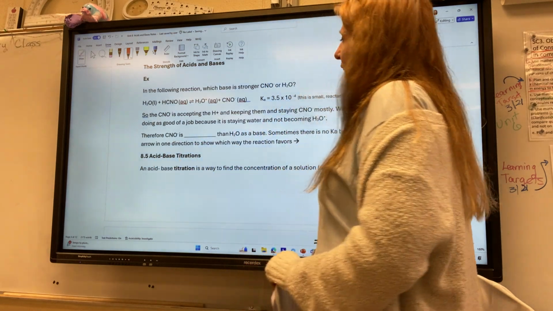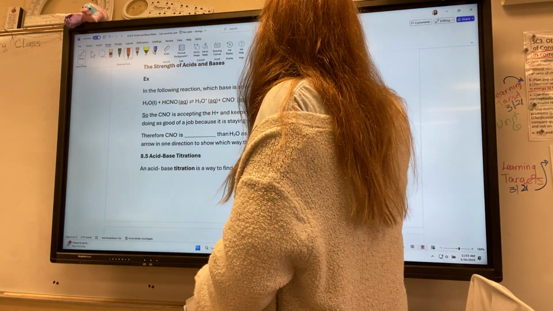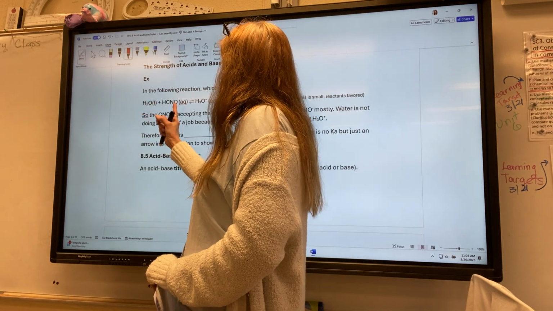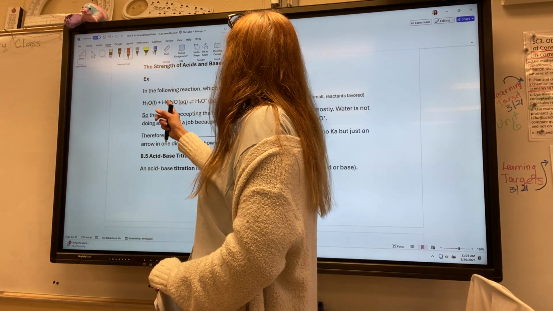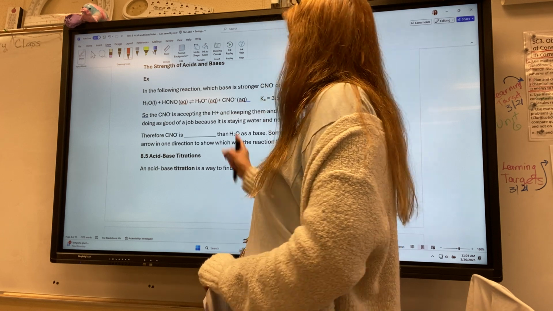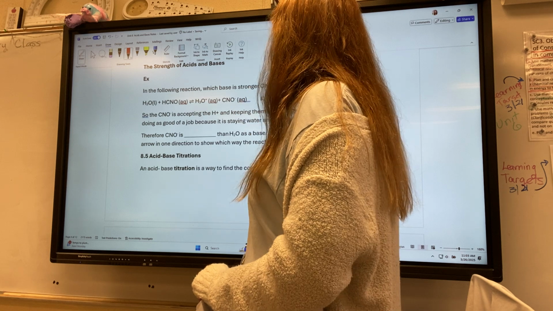In the following reaction, which base is stronger, CNO⁻ or H2O? So here is a reaction. We've got water, HCNO, the acid, H3O⁺, and CNO⁻ ion.